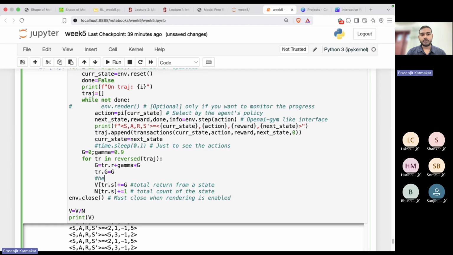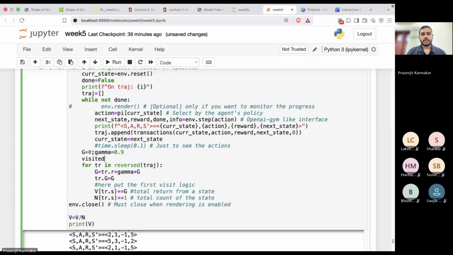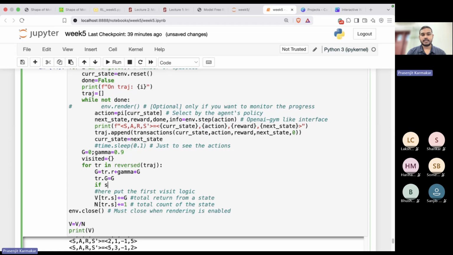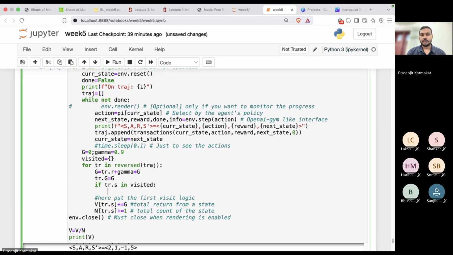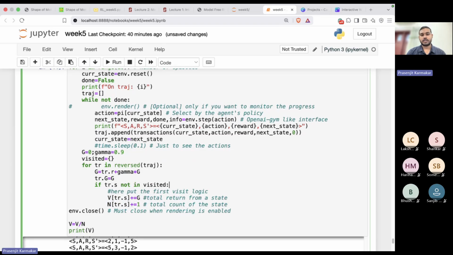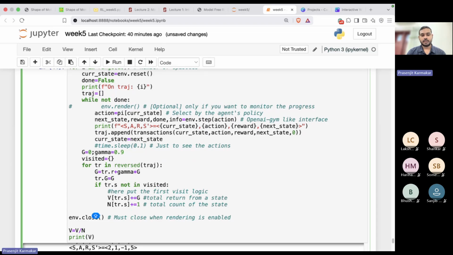Now here, because I am looking for every-visit or first-visit, I can put the logic here. Put the first-visit logic. How? I can just maintain a visited set. If the state, transaction.s, is not in visited, then do this, or skip, and put the state there.